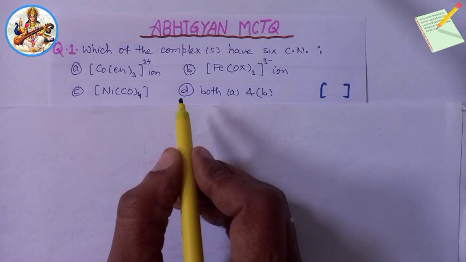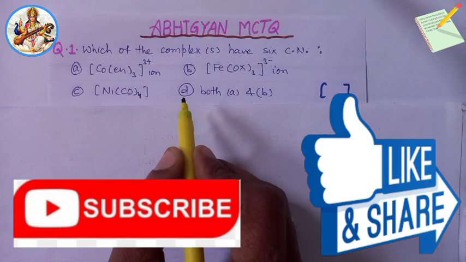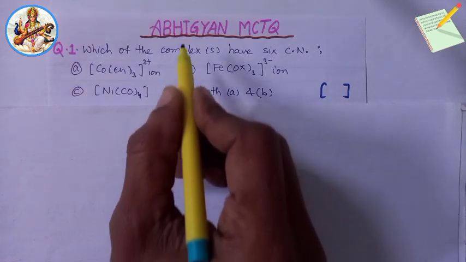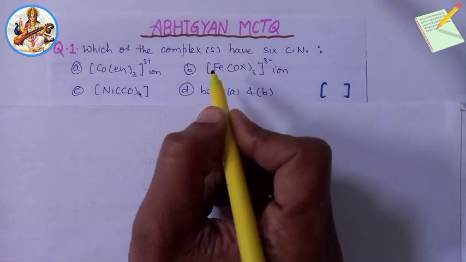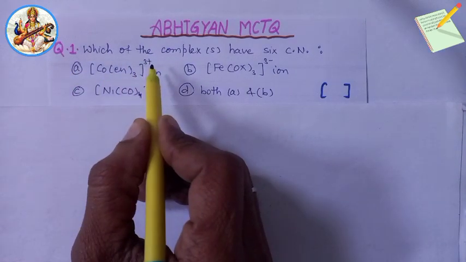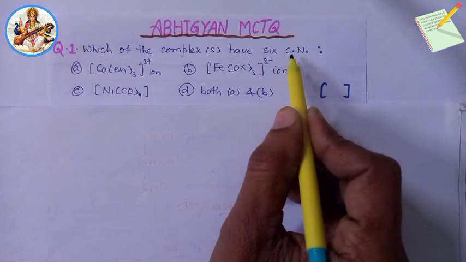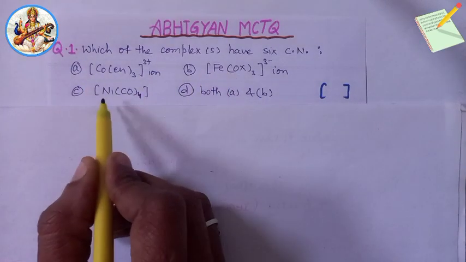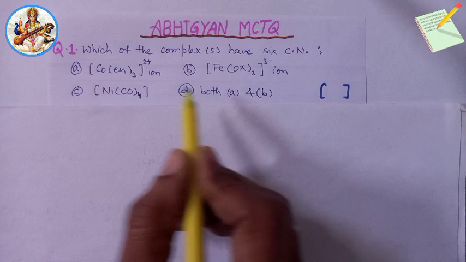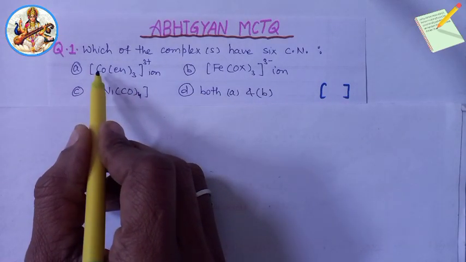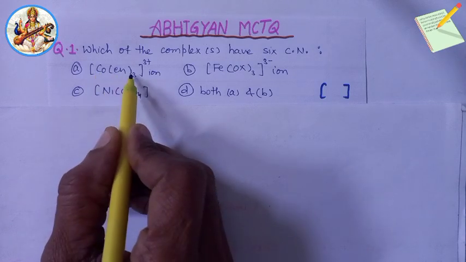Now we will take some multiple choice type questions. You can solve all these questions yourself after pausing the video. So welcome again to the multiple choice type question series. Question first is, which of the complexes has coordination number 6? Options A, B, C and D. In option A, the coordination number of the central ion is 3.